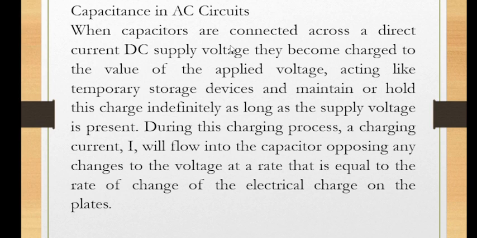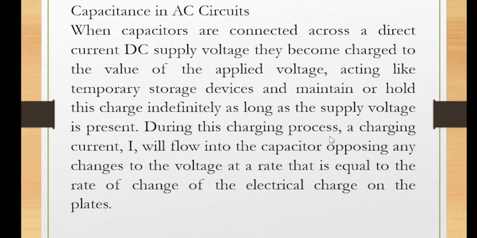So when capacitors are connected across a direct current, DC, supply voltage, they become charged to the value of the applied voltage, acting like a temporary storage device and maintaining or holding this charge indefinitely as long as the supply voltage is present.